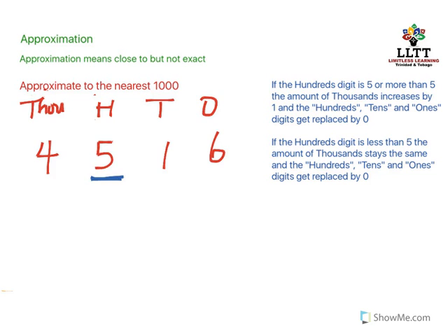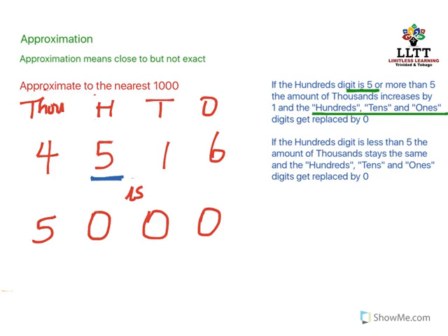So if the hundreds digit is 5 or more than 5, then we increase the number of thousands by 1. So 4 plus 1 is 5. And then the hundreds, tens, and ones digits get replaced by 0. So 4,516 to the nearest thousand is going to be 5,000.